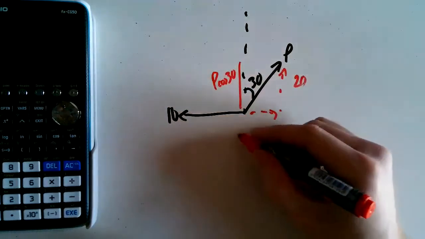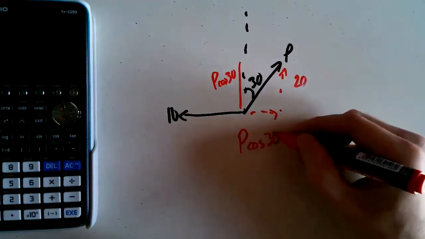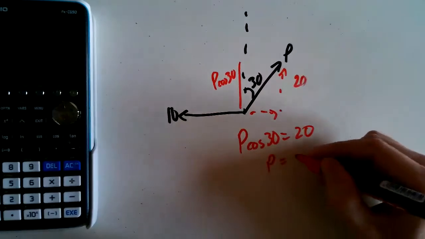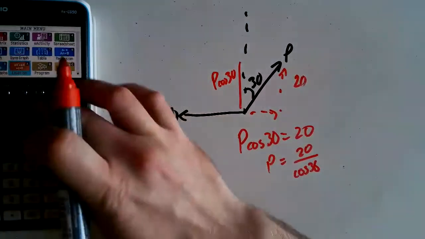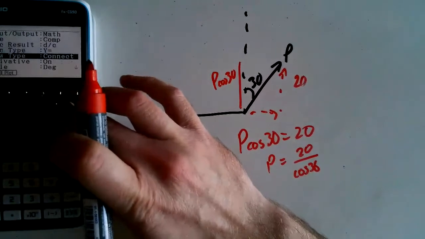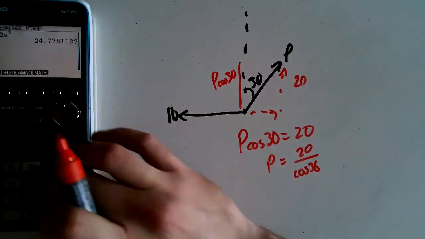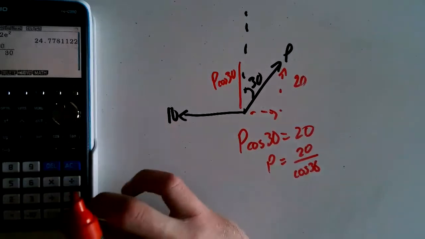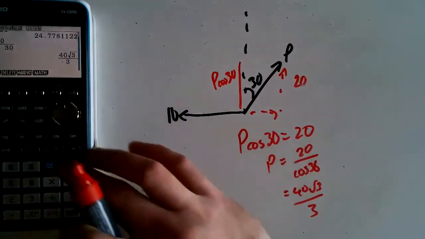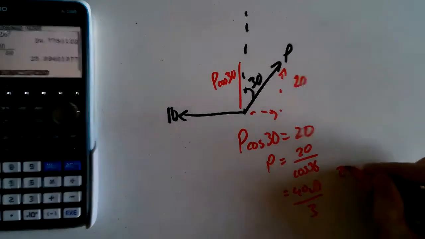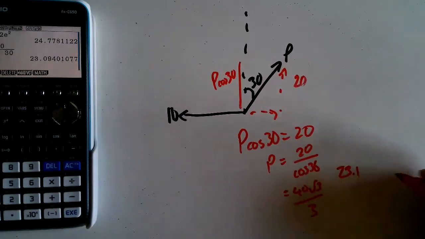So P cos 30 must equal 20. So P is 20 over cos 30. Make sure you're in degrees now. If I'm in degrees, 20 over cos 30 gives me 40 over root 3, or 23.1 to 3 significant figures.